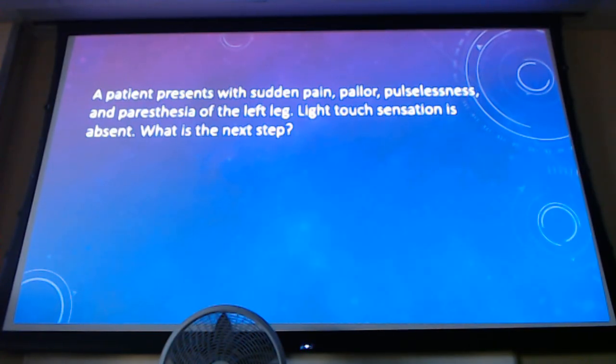Yes. But what's the medical term? You can't just call it bad. So that's a cause, but what's the actual diagnosis? It's not compartment syndrome. Yes, critical limb ischemia, right? And we treat it with emergent surgical intervention, most likely a fasciotomy.